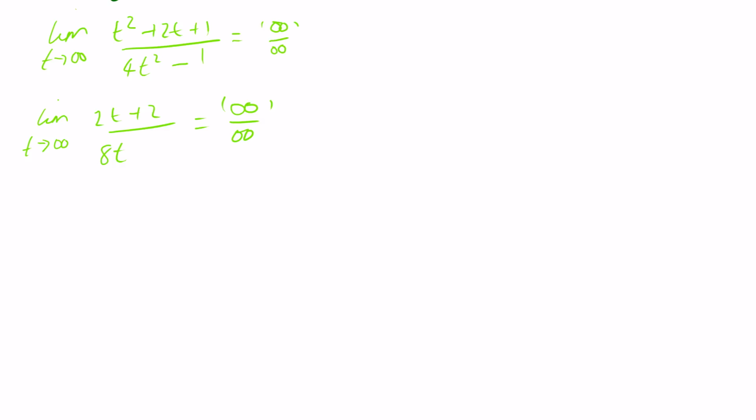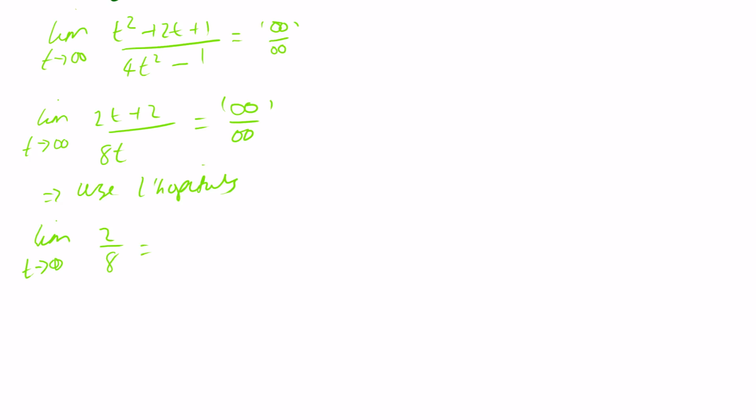So we're going to use L'Hopital's again: the limit as t tends to infinity of 2 over 8. So 2t plus 2 differentiates to 2, and 8t differentiates to 8.